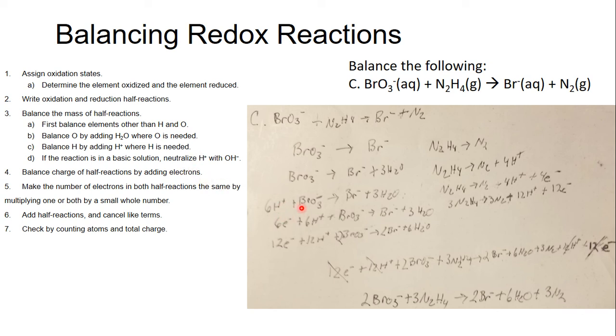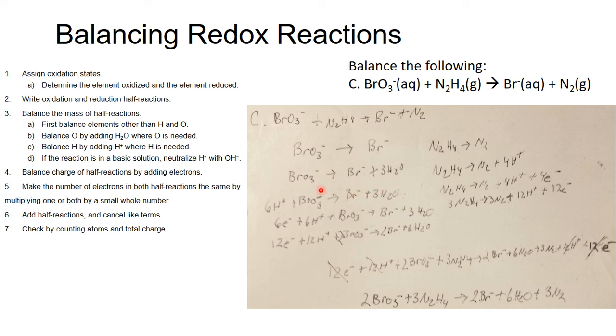So let's look at the BrO3 example. I have 6 plus 1 charges and 1 minus 1 charge in my reactants. Overall, the charge on the left side of the equation is +5. On the right side of the equation, I have a -1 and a 0. Overall, the charge is -1.